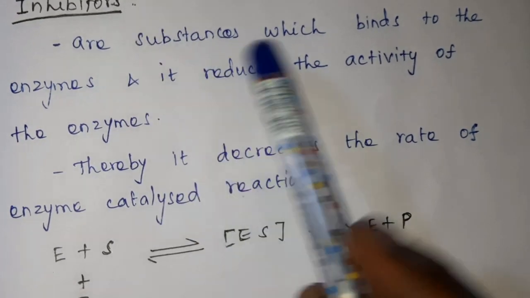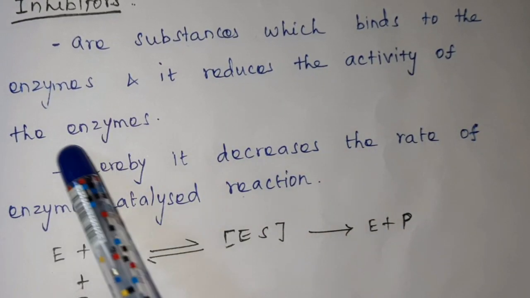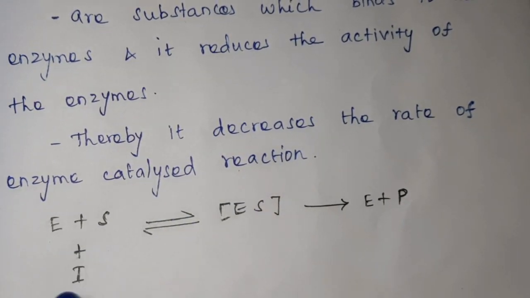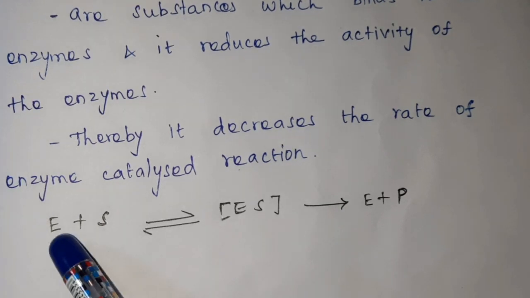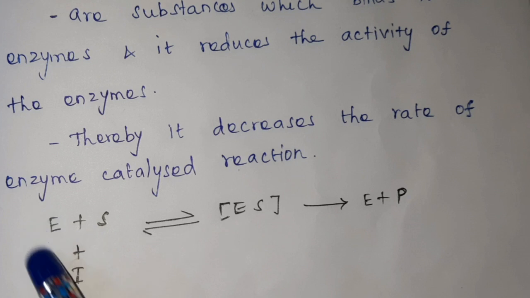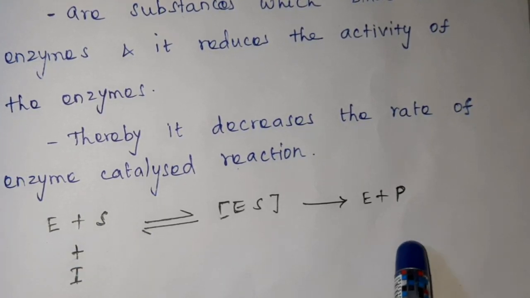Inhibitors are substances which bind to the enzyme and reduce the activity of the enzyme. Inhibitors are denoted by I, which go and bind with the enzyme and reduce its activity, thereby decreasing the rate of the enzyme catalyzed reaction.